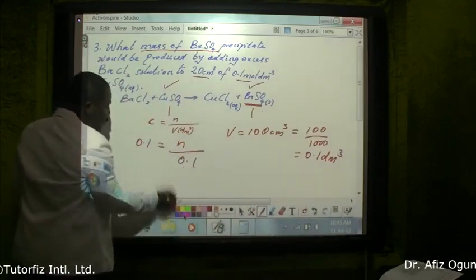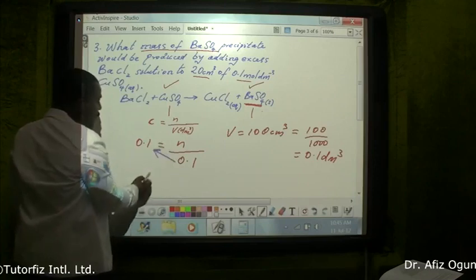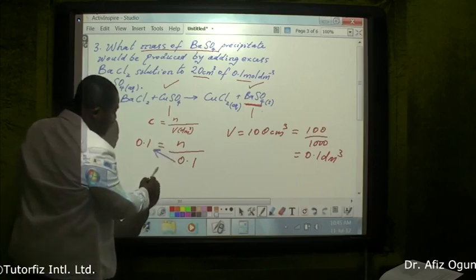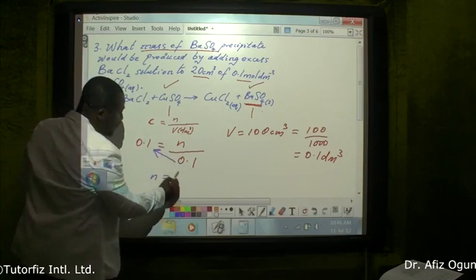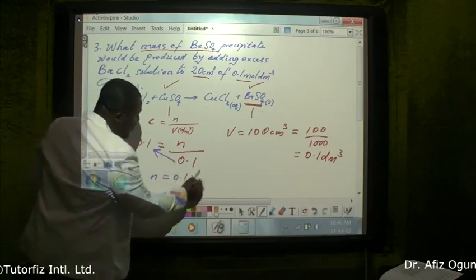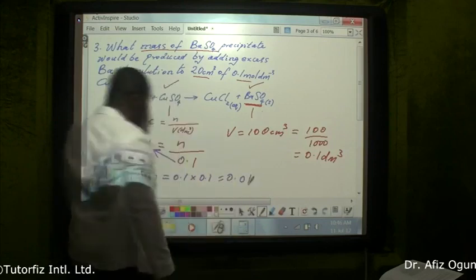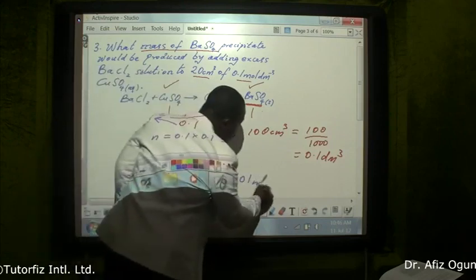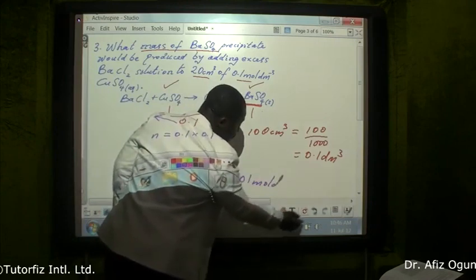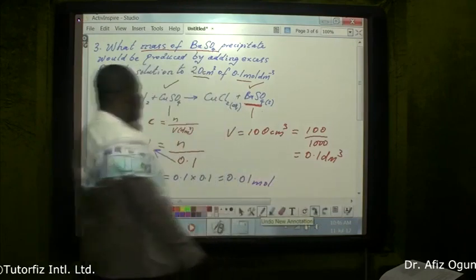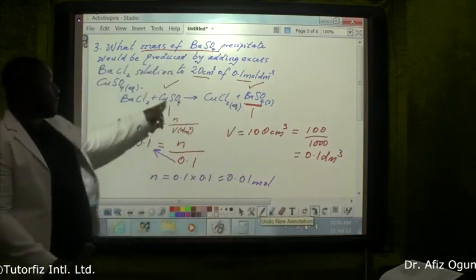So for me to get my number of moles, it becomes handy, it becomes easy. n equals 0.1 multiplied by 0.02, which equals 0.002 mole. So I now get the number of moles of copper sulfate.